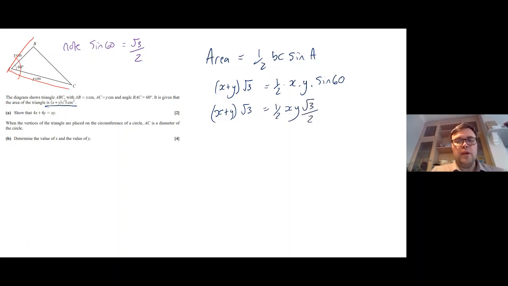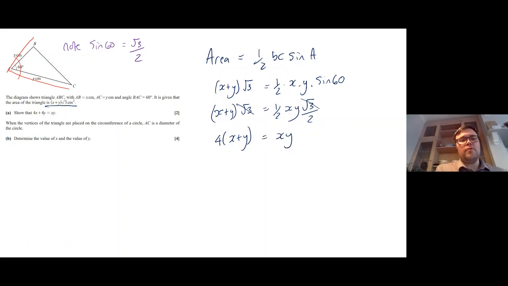You can see now that the 2's in the fractions multiply together to give me 4. If I move the root 3 over to the other side, I can cancel the root 3 because it's both there. The root 3 moves over and becomes a divide. As I've got the 4 there, they multiply together and I bring them up over the other side, so it goes from divide to times. So you've got 4 times X plus Y equals XY.